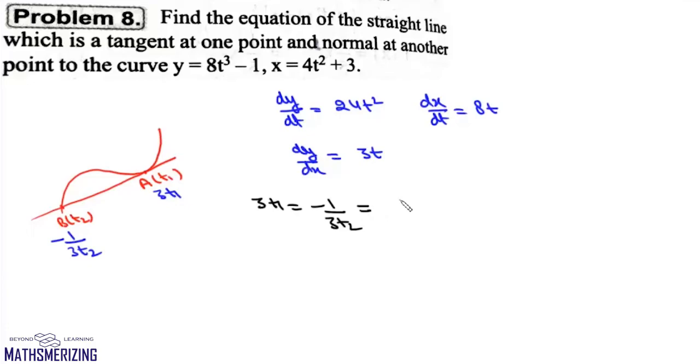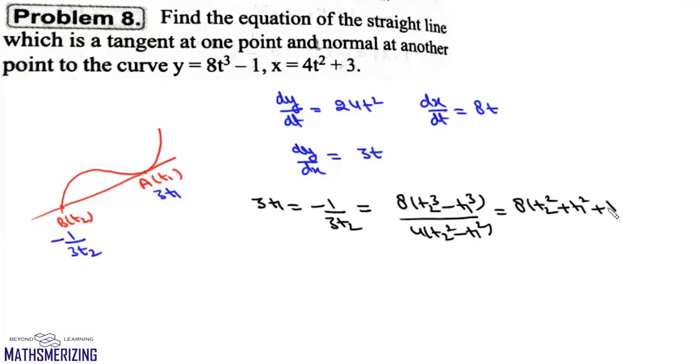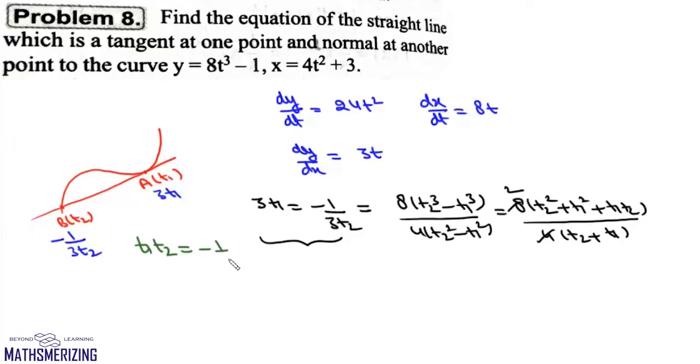Now y2 minus y1 will be 8(t2 cube minus t1 cube) upon 4(t2 square minus t1 square). We can simplify this as 8(t2 square plus t1 square plus t1 t2) upon 4(t2 plus t1). Now this 4 and 8 will also cancel. If we equate these two, we get our first condition, which is t1 into t2 is minus 1 by 9.